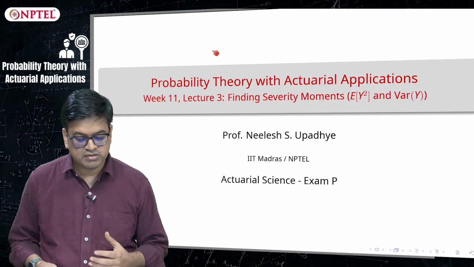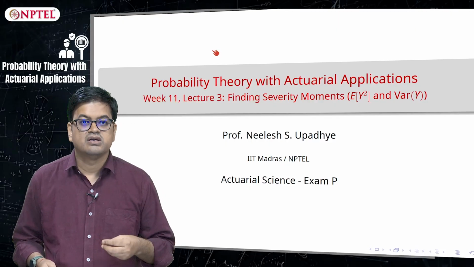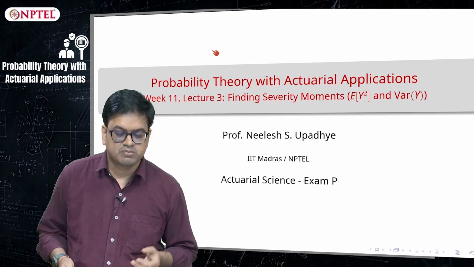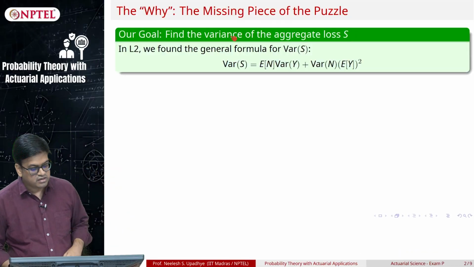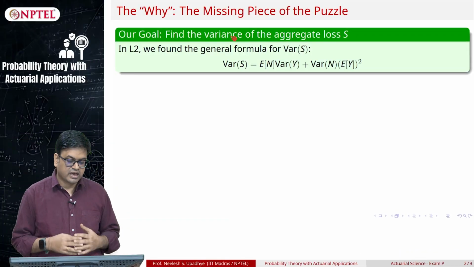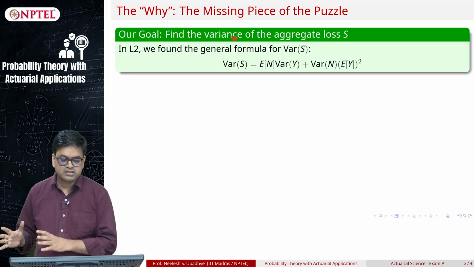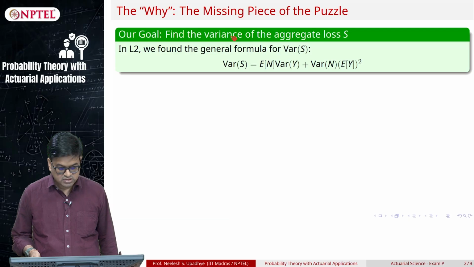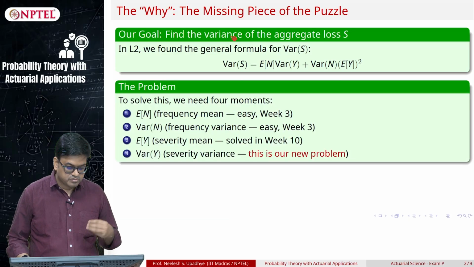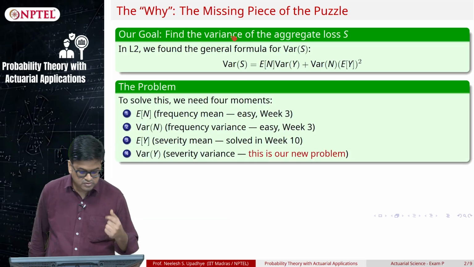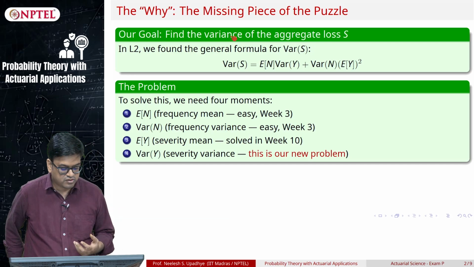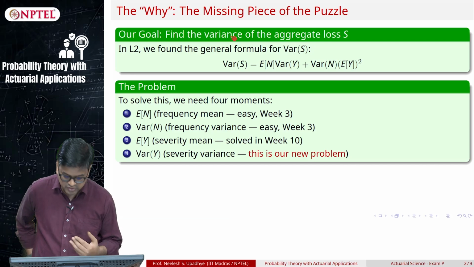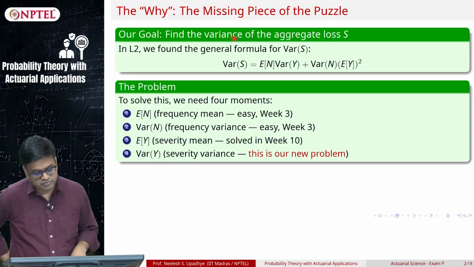I have already established the need to do this in the previous lecture, but let us again understand. In the last class we figured out how to find a general formula for variance. Once we have this, it was basically very simple. First we figured out the expected value of N, which was easy and we did in week 3.